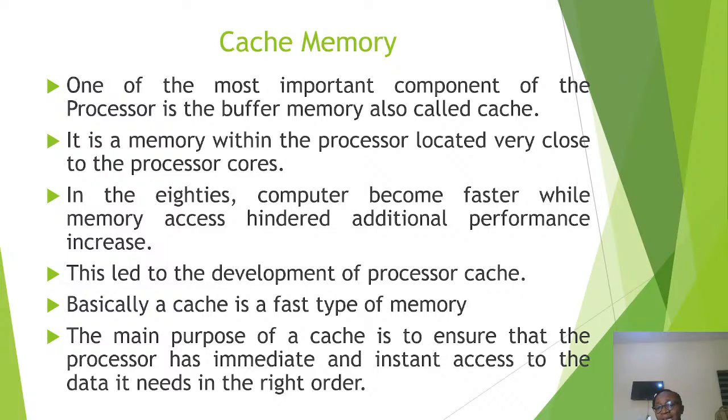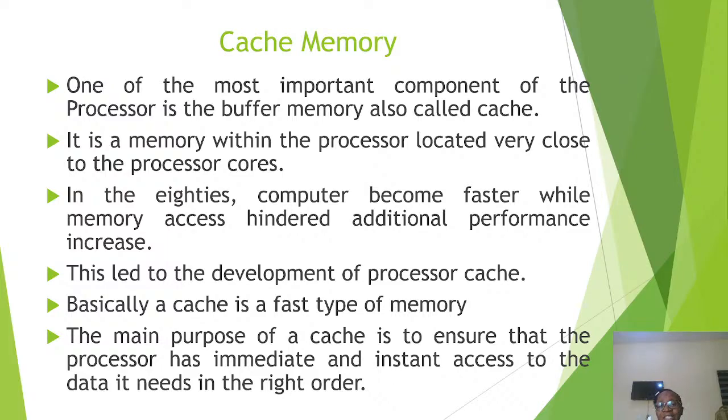For a computer to operate, it must be fetching instructions and executing them. So memory access hindered computers from performing at their utmost speed. That was what led to the development of a processor cache.